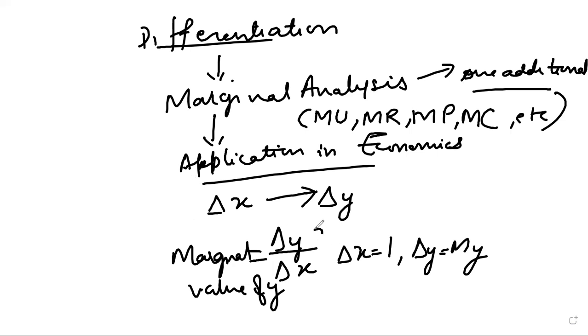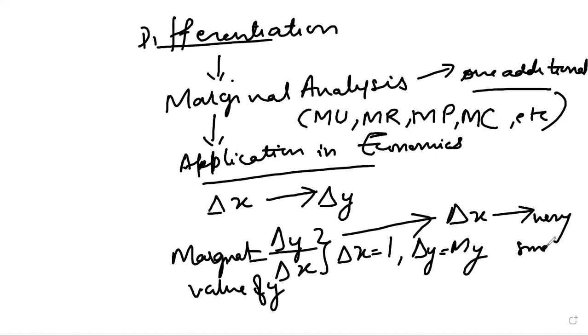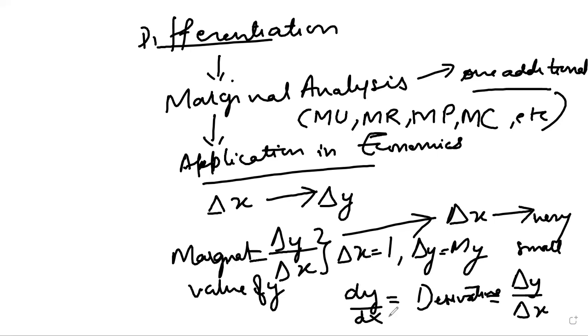when this change in x is very small, then this delta y by delta x becomes the derivative, and we do not write it as delta y by delta x, we start writing it as dy by dx.